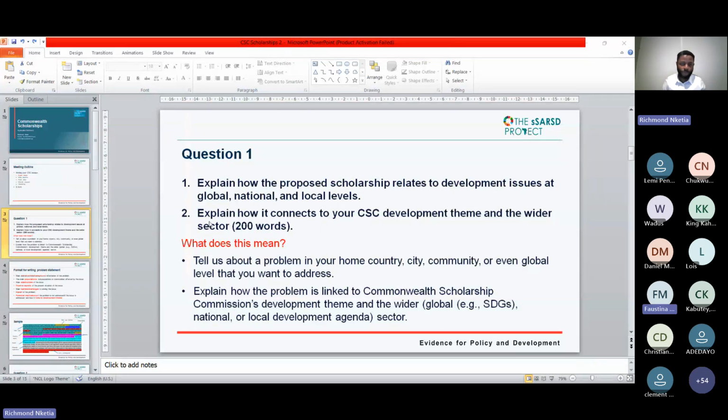Can you put it on slideshow? Thank you. Is it fine now? I think it's still the same. I don't know why it keeps happening this way.